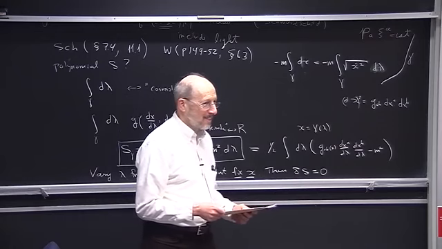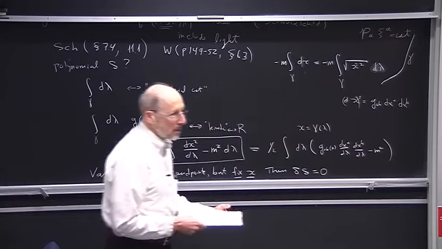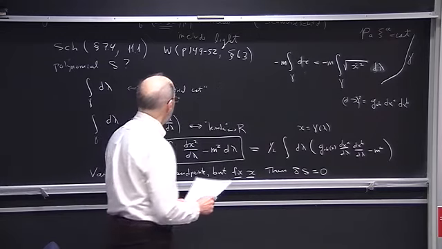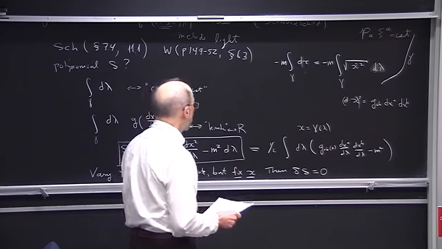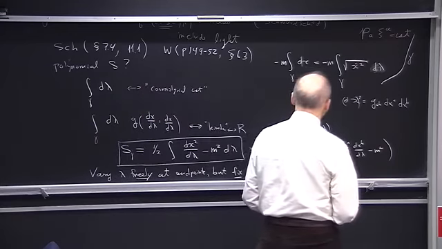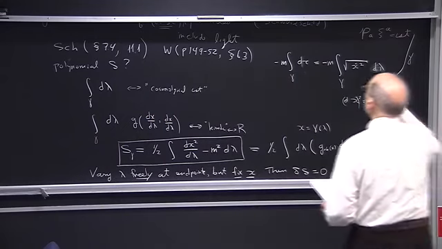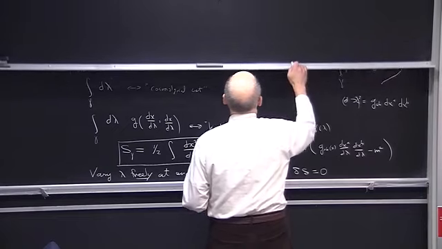You're smiling, do you know it? Oh, I thought you were familiar with it. We could probably get it one way or another by working out the geometrical optics approximation to the scalar wave equation. Of course, I haven't written down the scalar wave equation. Maybe I should mention it.